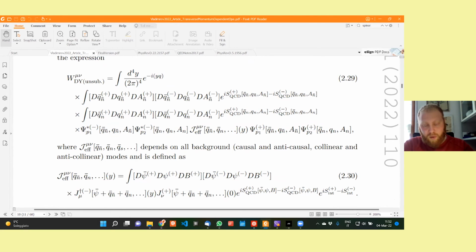So you see that P1 here is assumed to be moving along the n bar direction, so it contains only n bar fields, and P2 is assumed to move along the n direction, so it contains only n collinear fields and no dynamical fields, because by definition the proton states are the external states of your theory, so they can contain only the background fields. And then you have whatever operator in between, and then you have the same stuff for the ket.